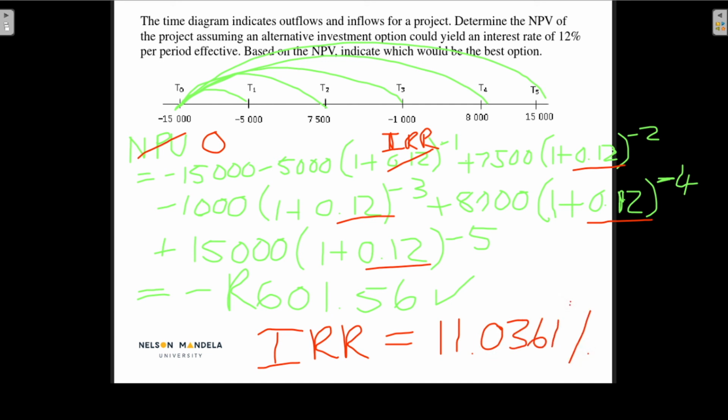Now, if you compare this internal rate of return to the alternative interest rate of 12%, you can see that it's less than 12%, and therefore we will reject this investment option. Again, we get exactly the same conclusion as when we use the net present value method to evaluate the project. So you should always get to the same conclusion, no matter whether you use the net present value or the internal rate of return methods.